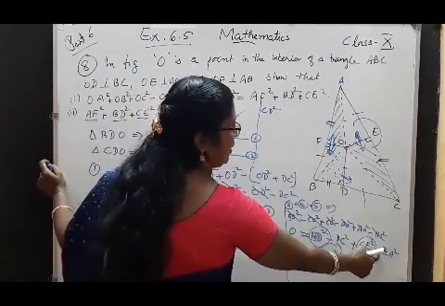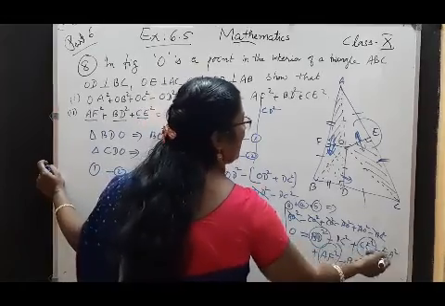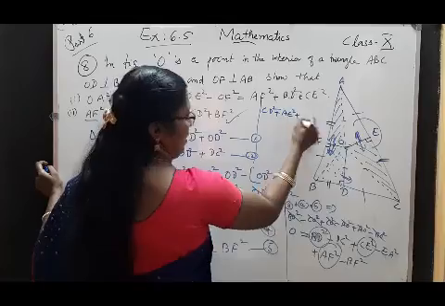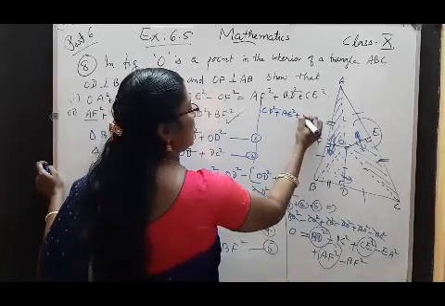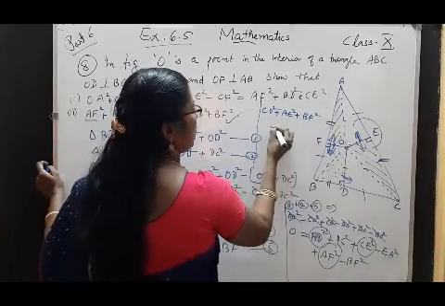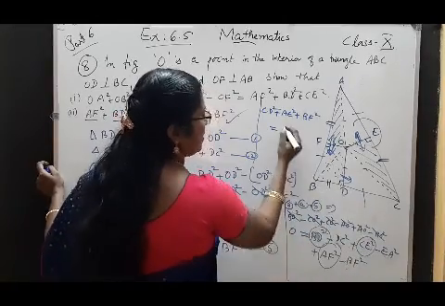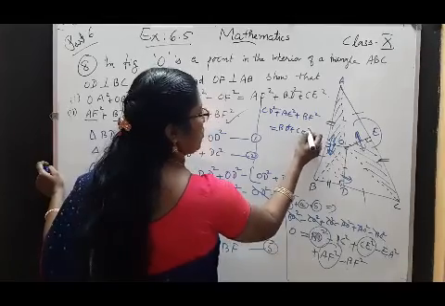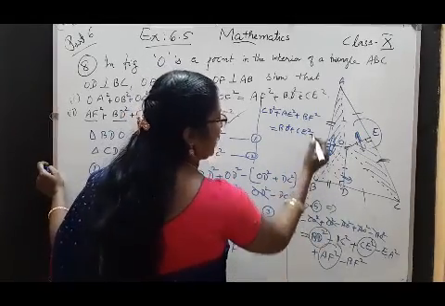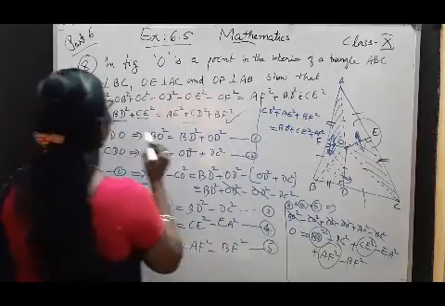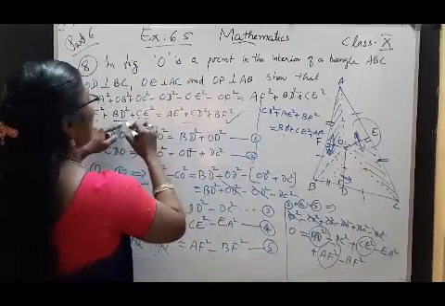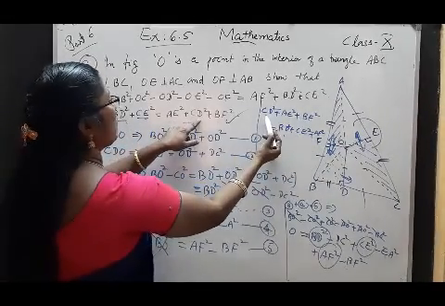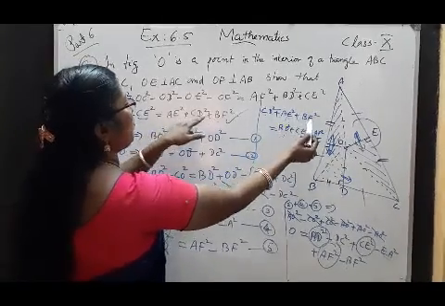Then minus AE square transposes to plus AE square, and minus BF square transposes to plus BF square. The right hand side is BD square plus CE square plus AF square. So BD square plus CE square plus AF square equals CD square plus AE square plus BF square.